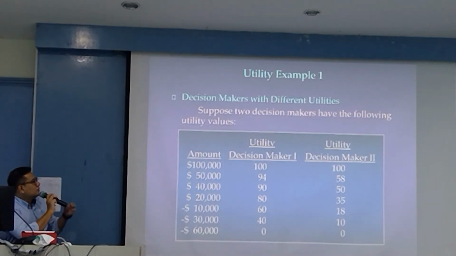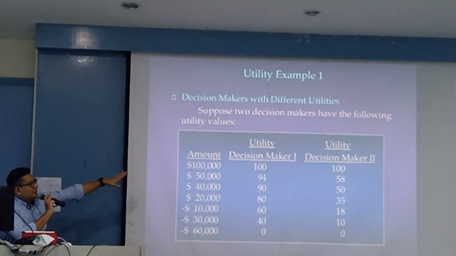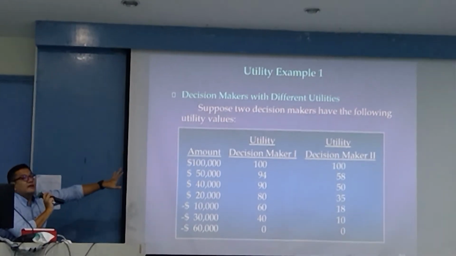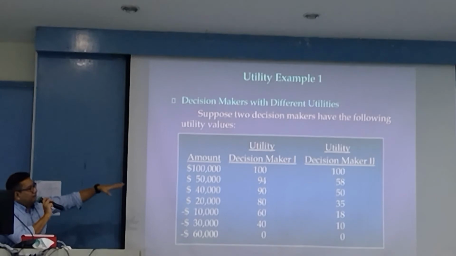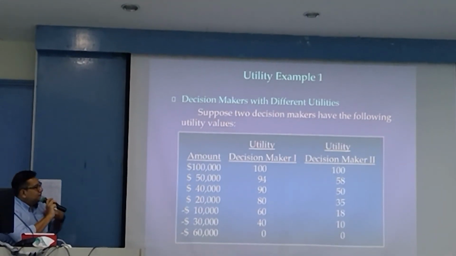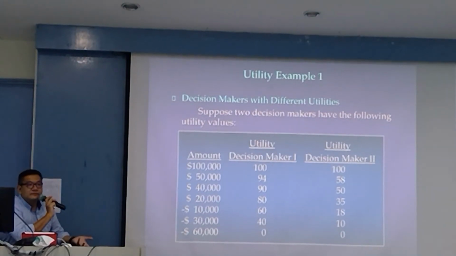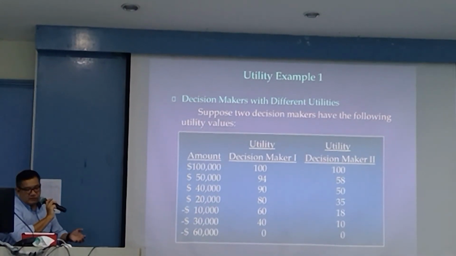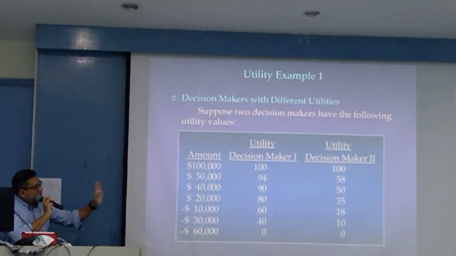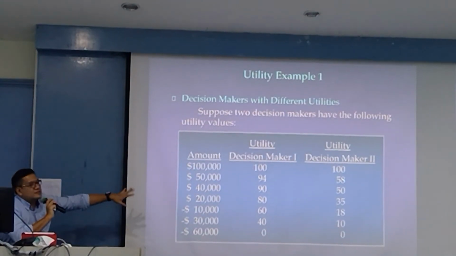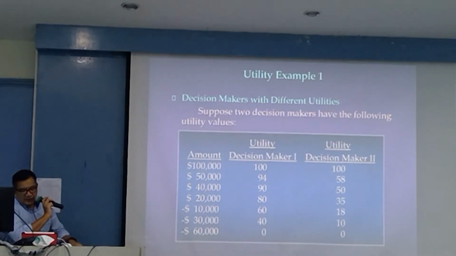For example, for 100,000, both of them give the utility value of 100. But for 50,000, decision maker 1 gives the utility value 94, while decision maker 2 gives just 58. So these two persons have different preferences toward the money's value and also the risk.